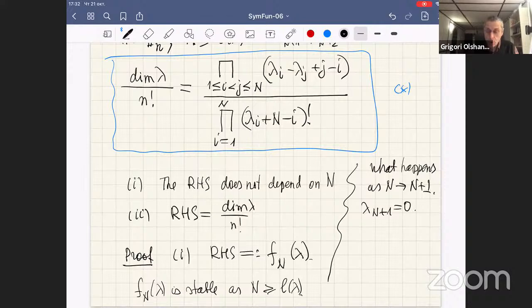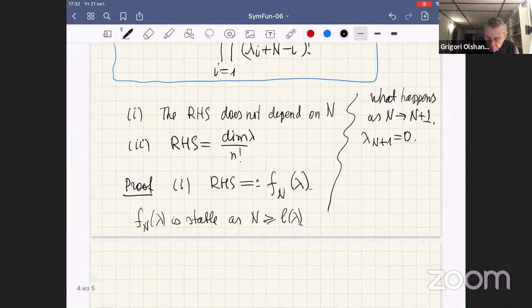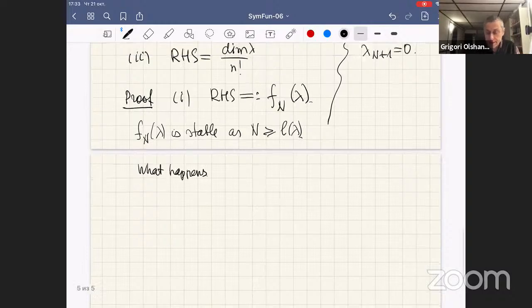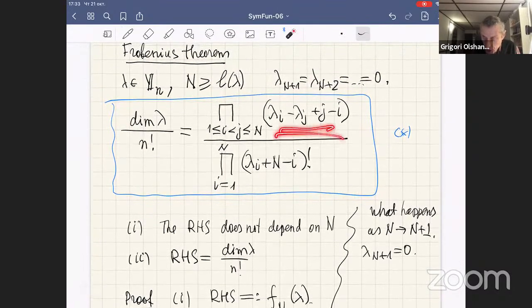So what do we get? There are some modifications of the numerator and some modifications of the denominator as n grows, and there are some extra factors which cancel out.